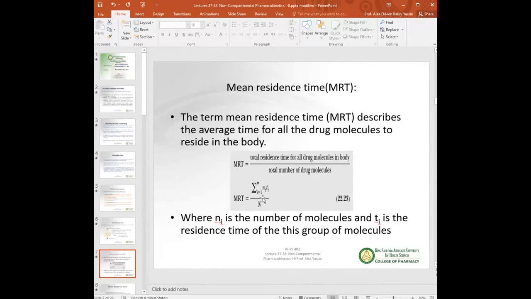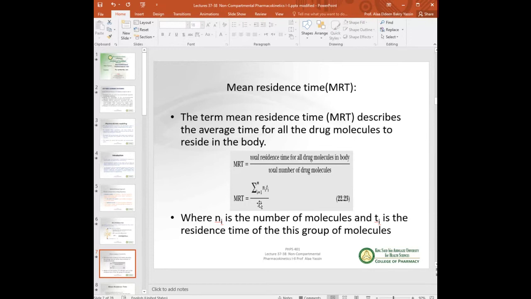Okay, so the summation of this will give us a value that is the multiplication of the number of molecules and the time of each group of these molecules, the time they were observed in the blood stream.